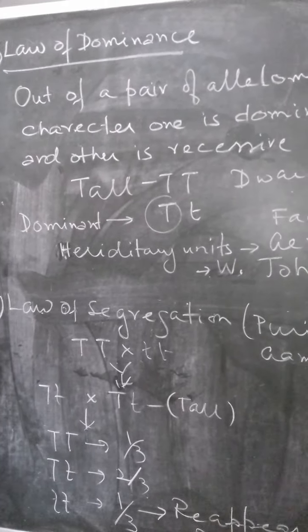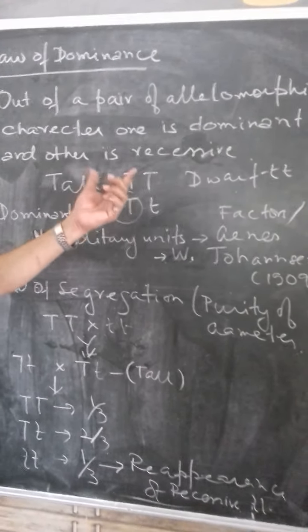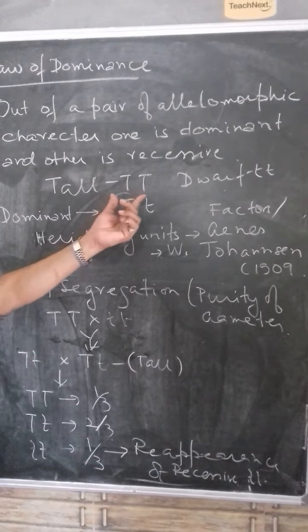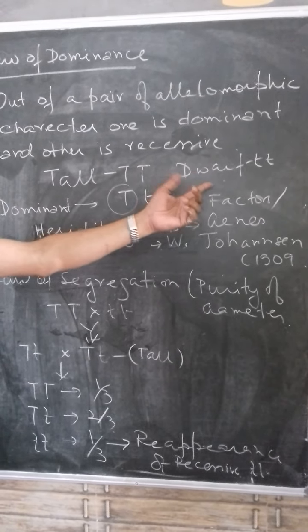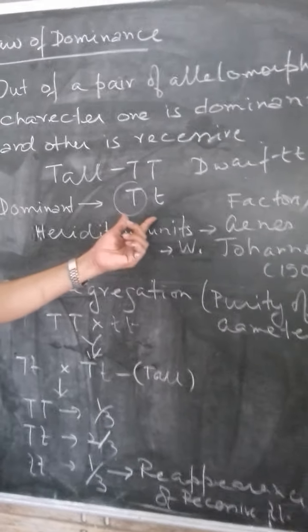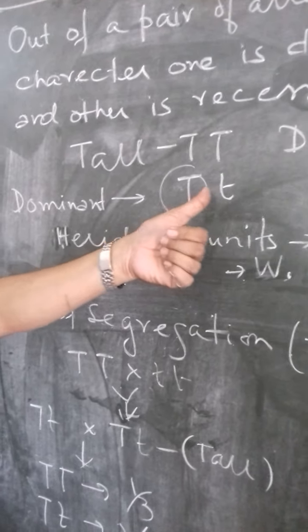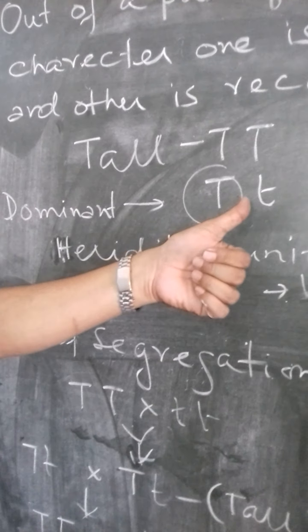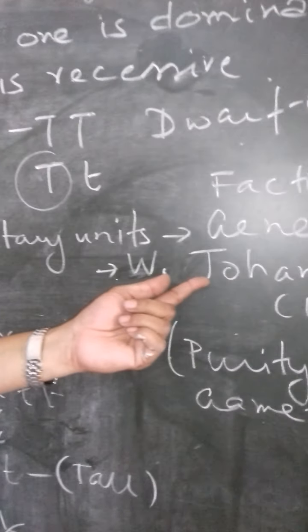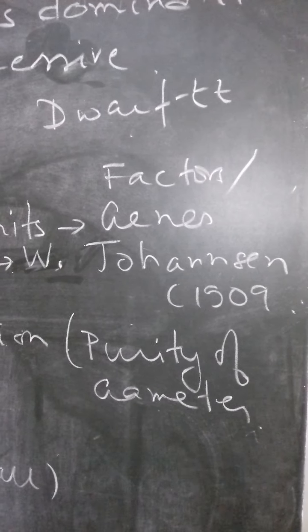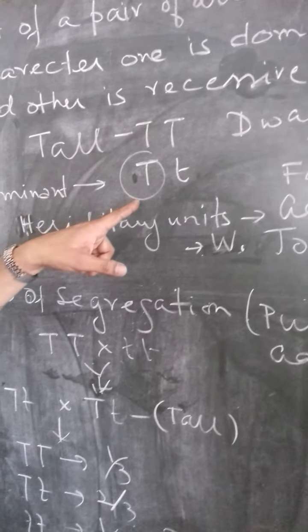That means in this there are two factors which we call T and T. These are the alleles, and small t and small t, which expresses dwarf. Now when they combine, capital T and small t, these are several factors or the several genes. The term gene was coined by Johannsen in 1909. So here the tall gene is suppressing the dwarf gene.